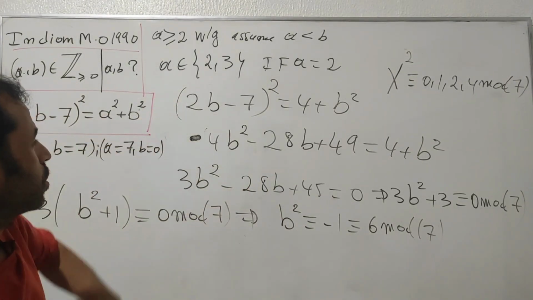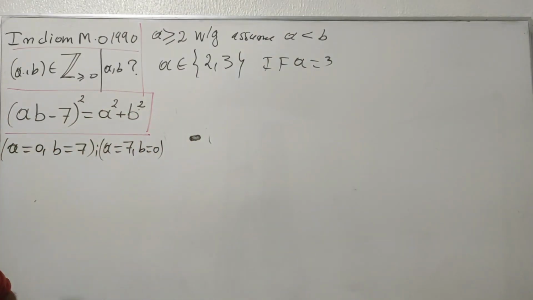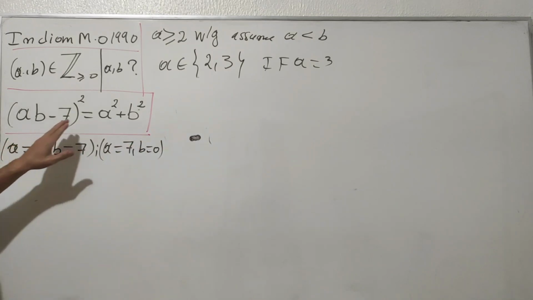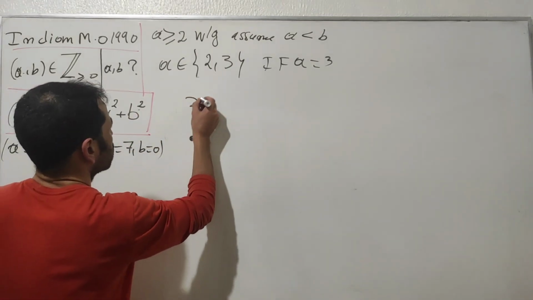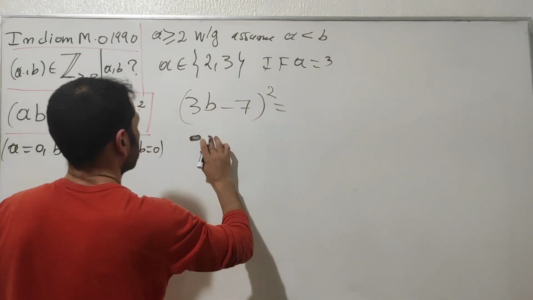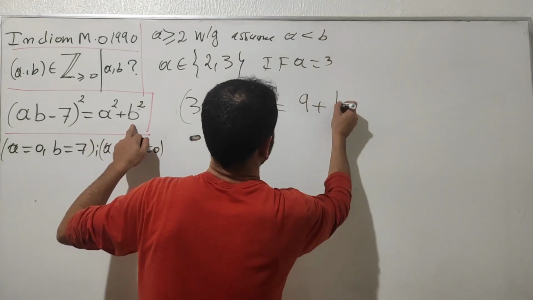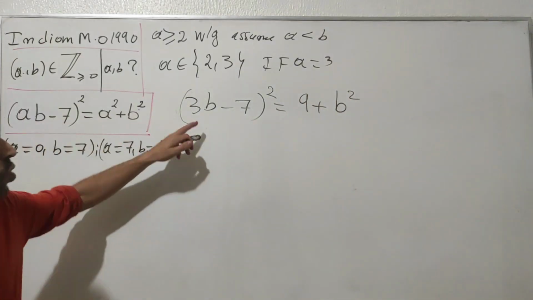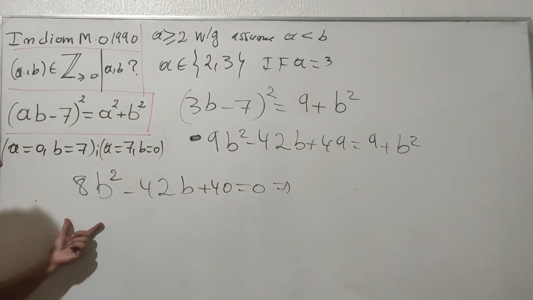Now let's move on to the next case when a equals 3. For a equals 3, I'm simply doing the same thing here, replacing number 3 into a. I get (3b minus 7) squared, which equals a squared, which is 9 plus b squared. So simplifying this equation, I'm going to divide both sides by number 2.